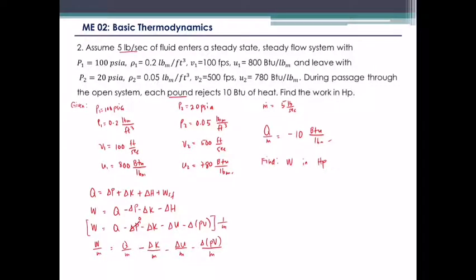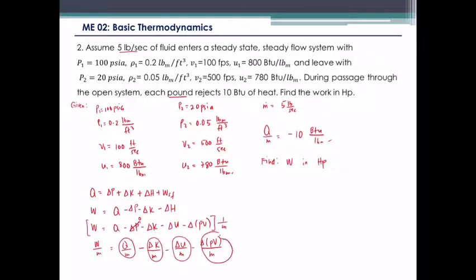Okay, can you see, class? This is already given. Then what about this one? We need to find this one also, and this.